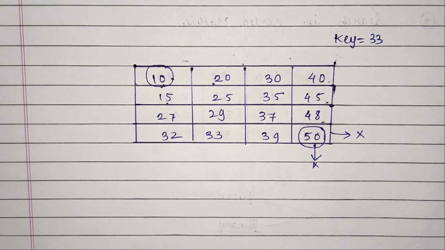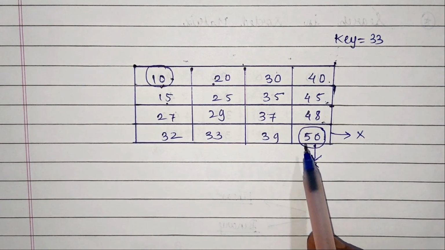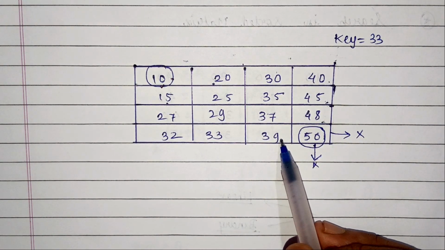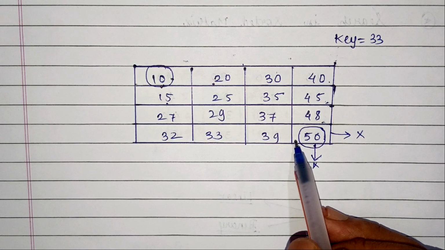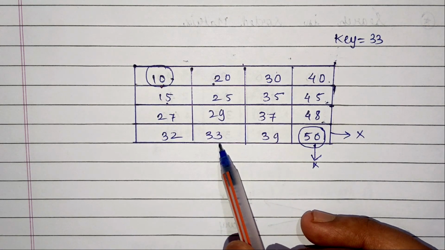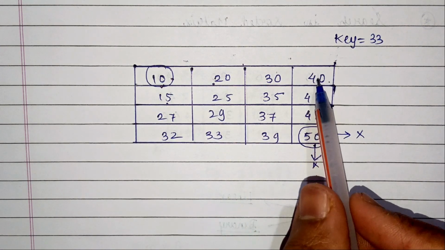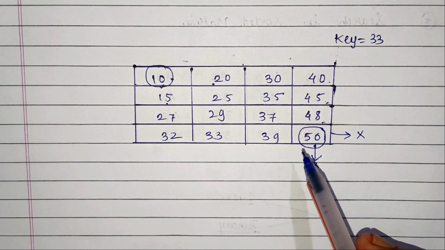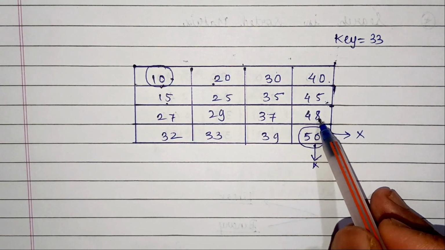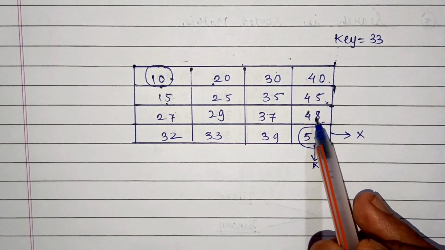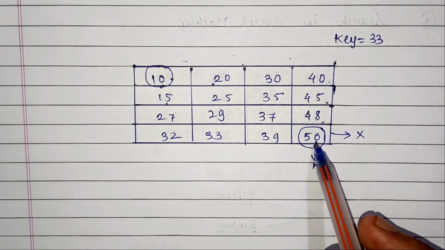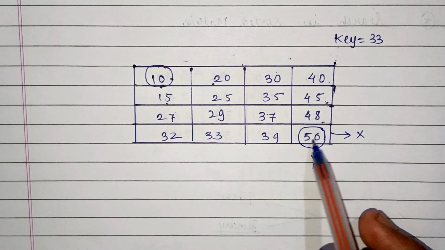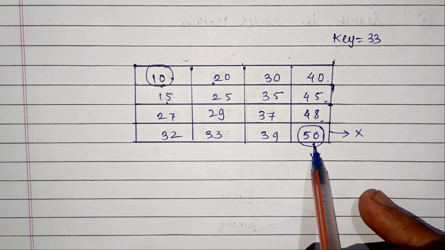Here also we do not have any concrete answer whether we have to go left or right to reach the key, because on both sides we have smaller elements. Here 48 is smaller than 50 and here 39 is also smaller than 50.